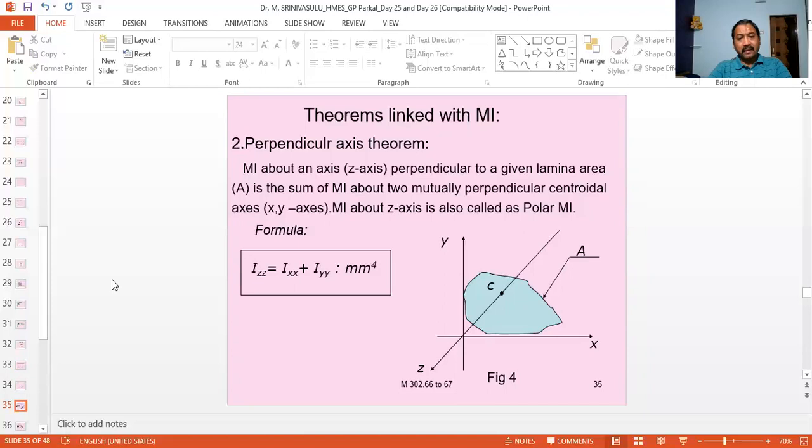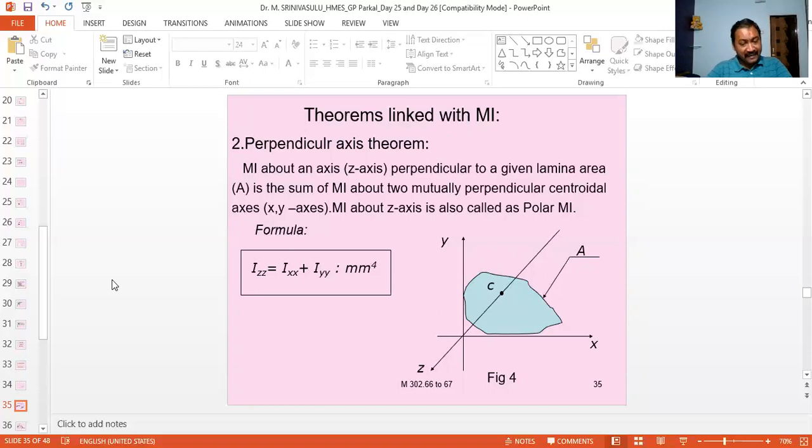The moment of inertia about the z axis is also called the polar moment of inertia, because the z axis is perpendicular to the x axis and y axis. It is nothing but the summation of its moments of inertia about the x axis and y axis.